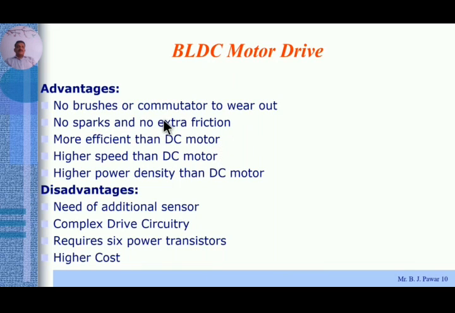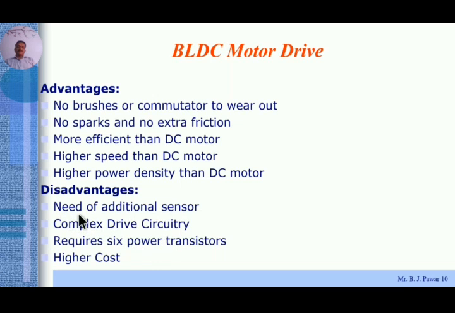There is a friction between brush and commutator in the conventional DC motor. So this motor is more efficient than the conventional, higher speed can be acquired, and higher power density than the conventional DC motor. But there are some disadvantages also.